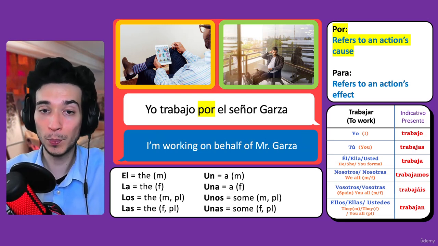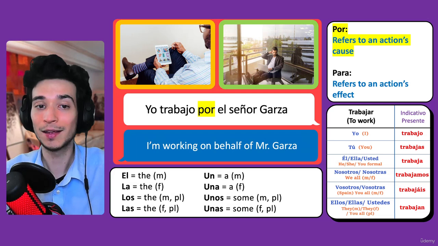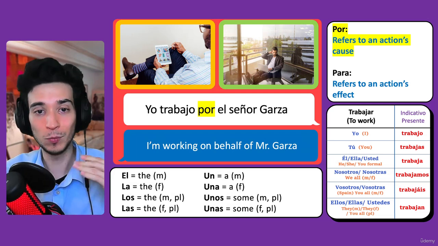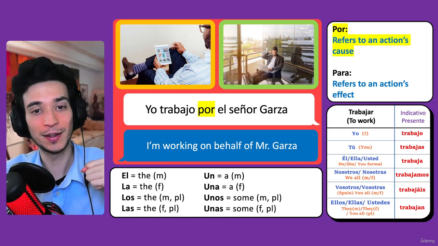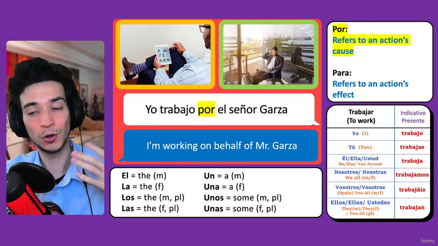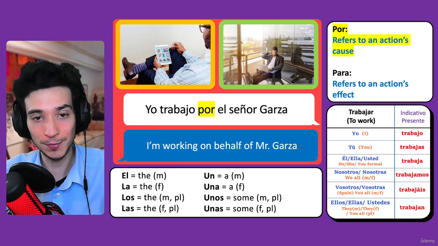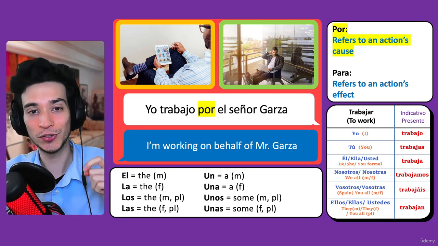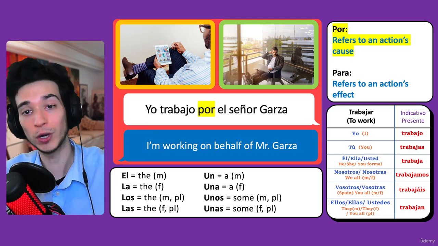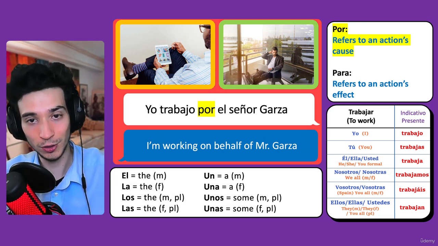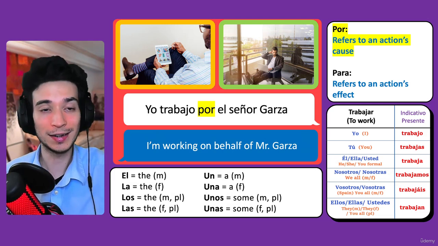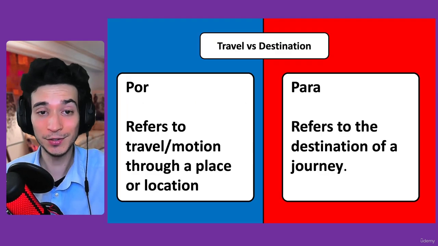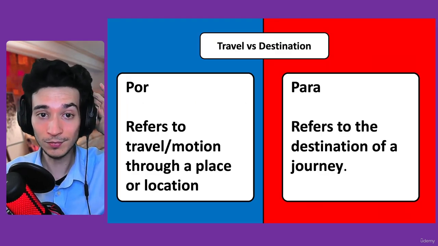Yo trabajo por el señor Garza. Yo trabajo por él. Like I'm working on his behalf. Or for example, if your co-worker doesn't show up and you have to take his place, you would say yo trabajo por él. I'm working on behalf of him. Por él.